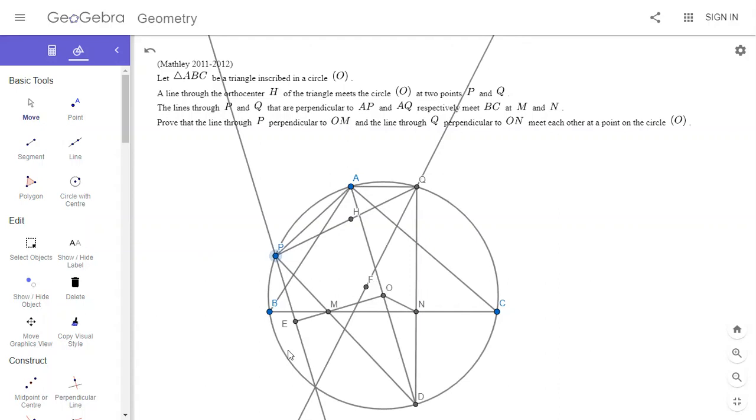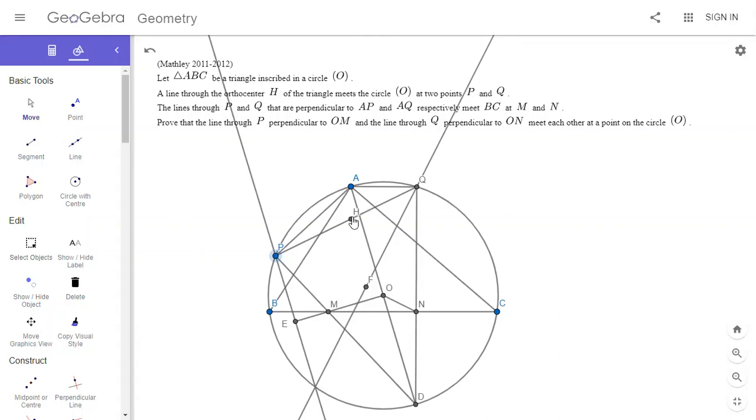Is MON similar to APQ? It looks like it. Well, yeah, that would be true if the problem were true, I think. Yeah. So maybe it's just like a homothety.